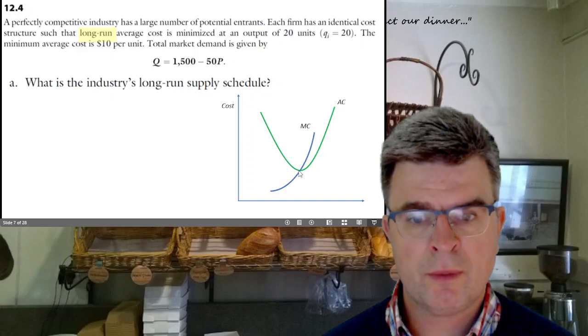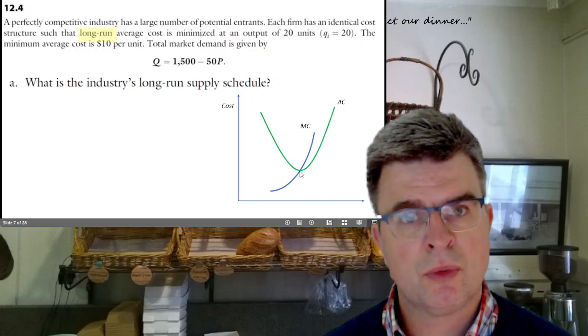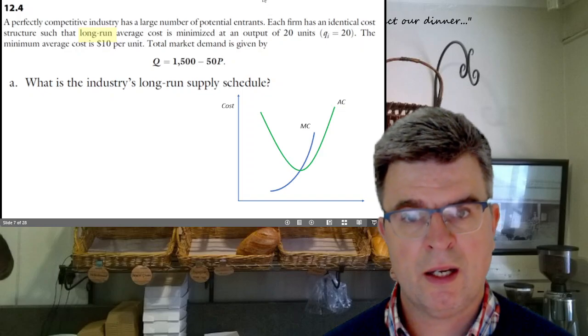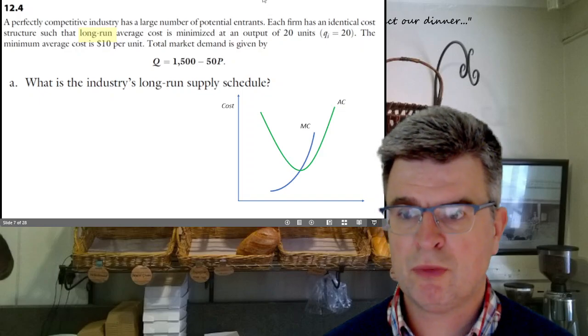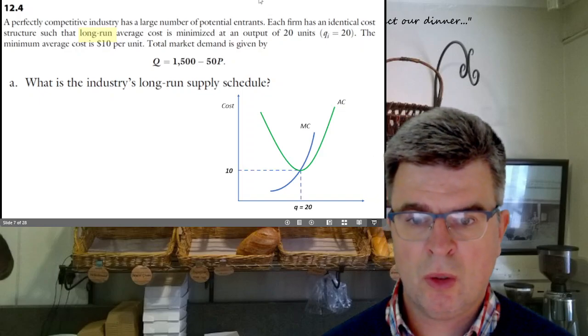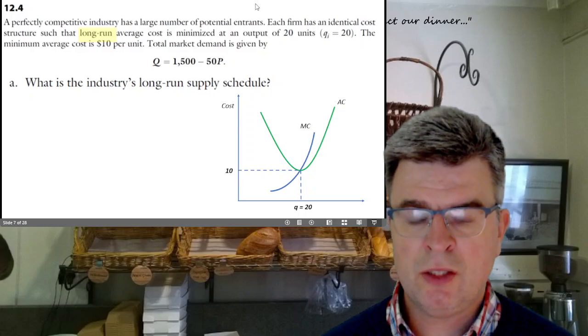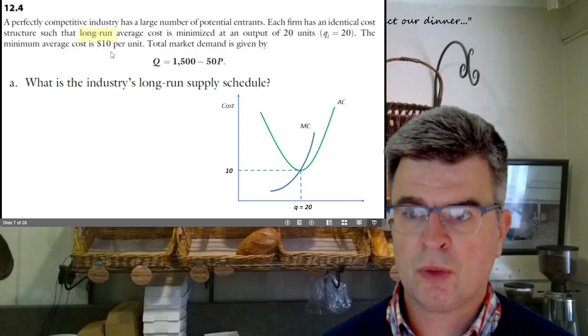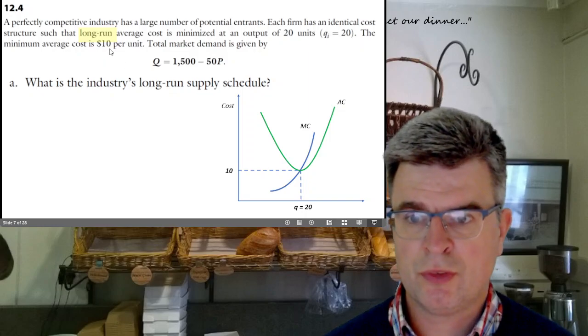So in the long run, the cost will be at a level where the marginal cost is intersecting with the average cost, and the average cost will be at the minimum level. So in the long run, each firm will produce 20 units, and the cost will be equal to the price of 10.